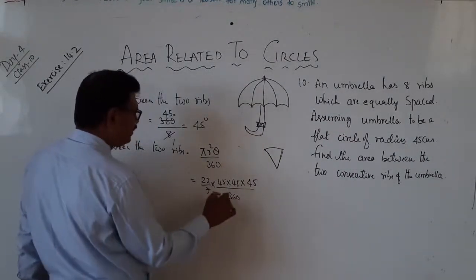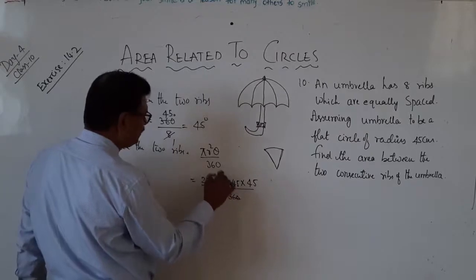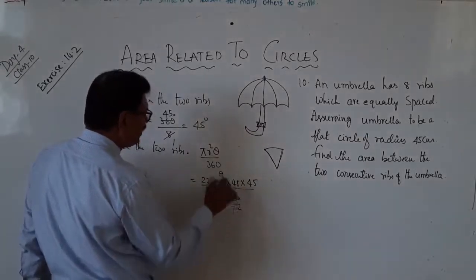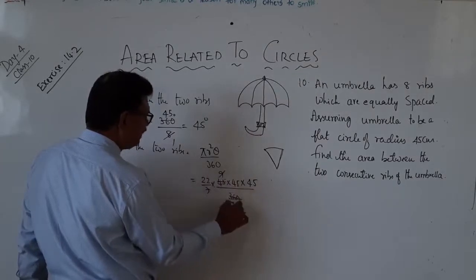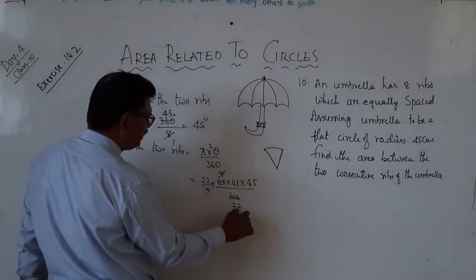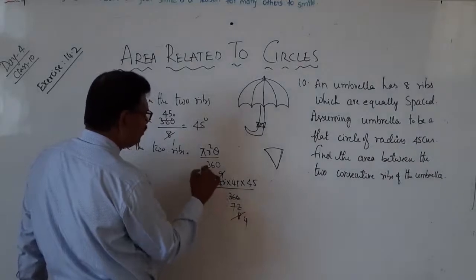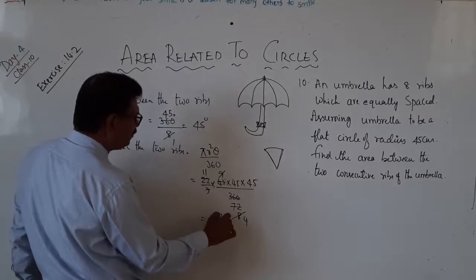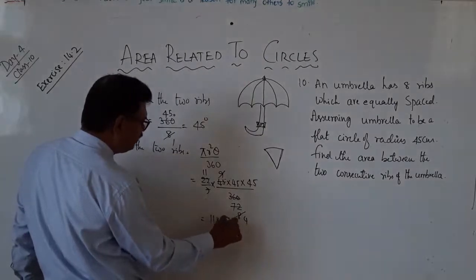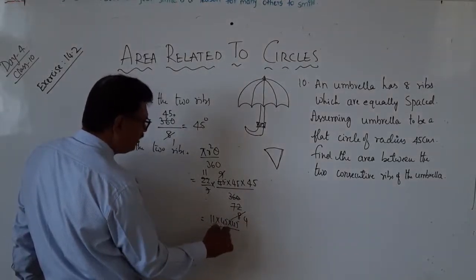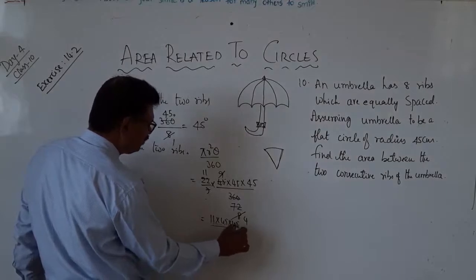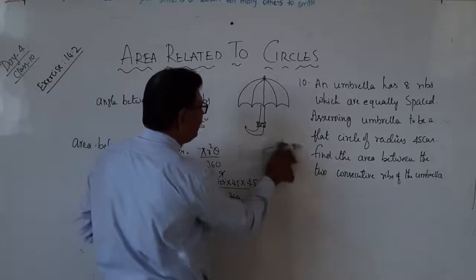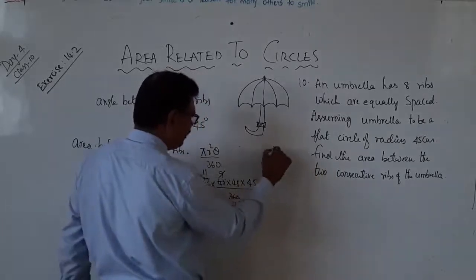Okay? Now very simple. Cancelling the common factors, we get 11 into 45 into 45 divided by 7 into 4, that is 28. Otherwise you can find out 45 into 45 very easily. How to find out 45 into 45?